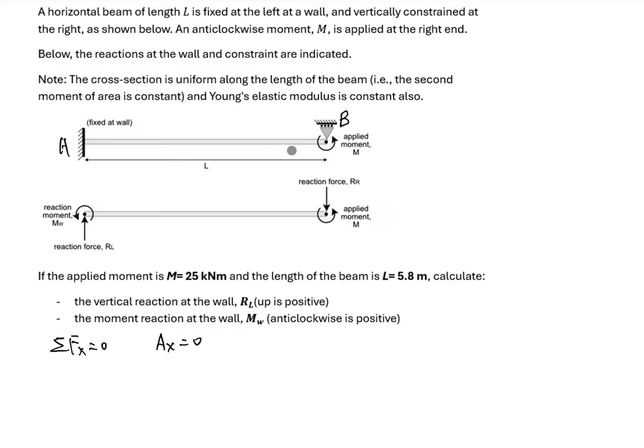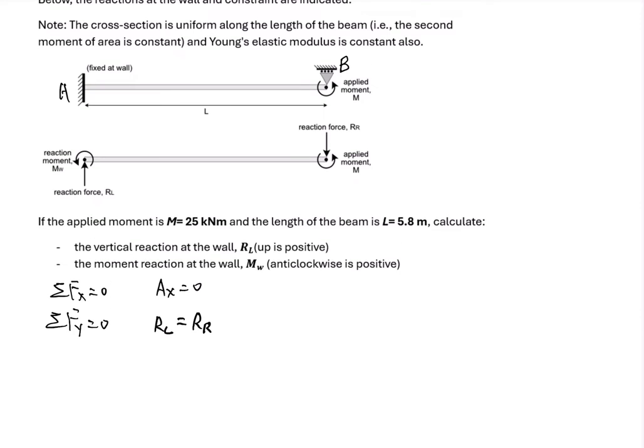If we write down the equation of equilibrium in the y direction, we will have RL equal to RR. This is the second equation of equilibrium. And for the third equation, we write down the moment equation of equilibrium at support A, the fixed support.